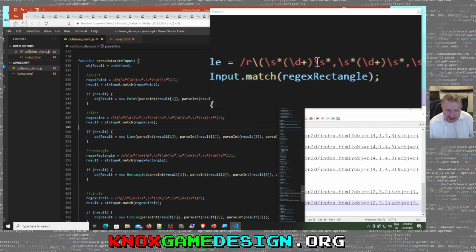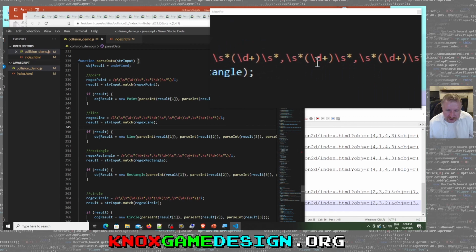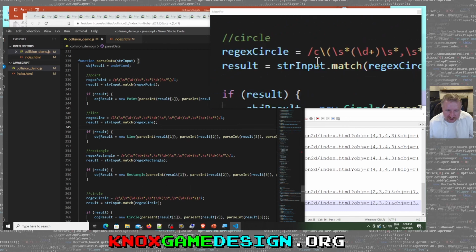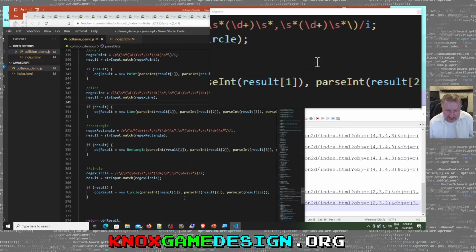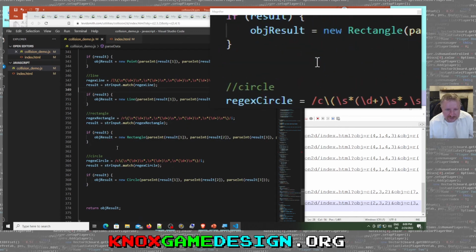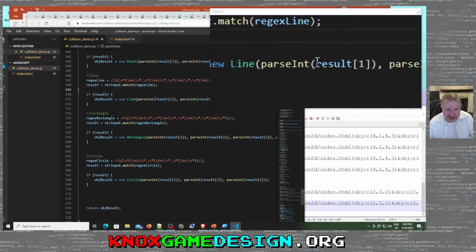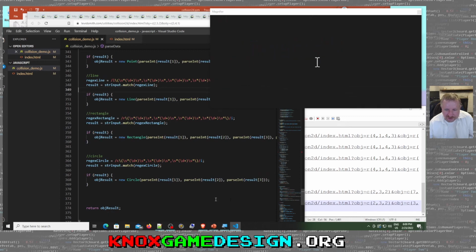A rectangle is your x and y, and a width and a height, 4 values, and a circle is your 2 decimal values, x and y, and a radius. So if it matches any of those, then it's going to create that new object type, then return that.